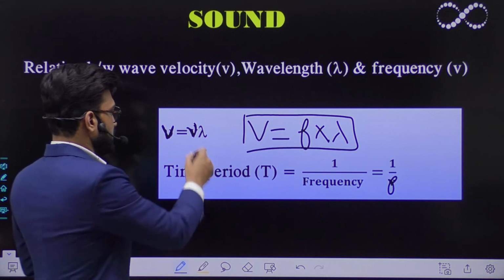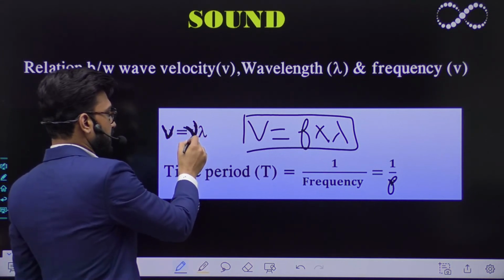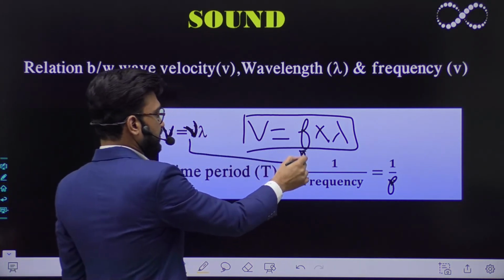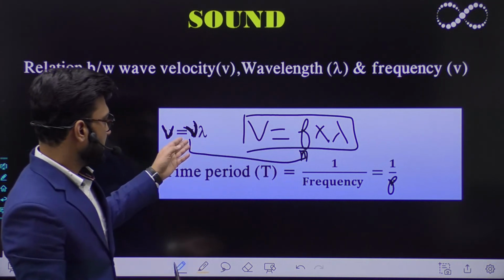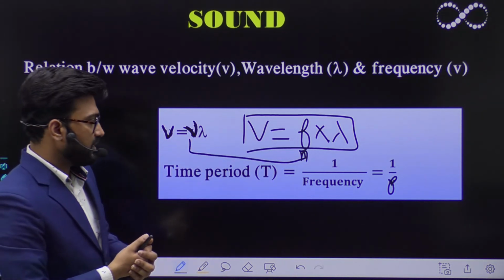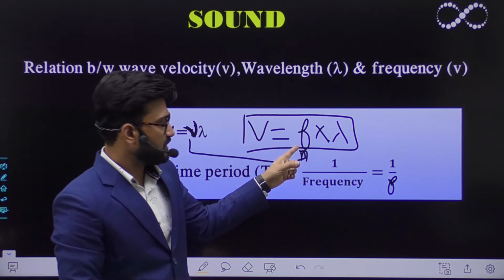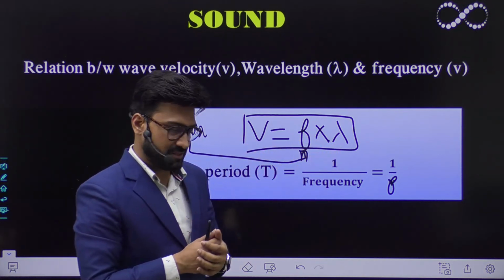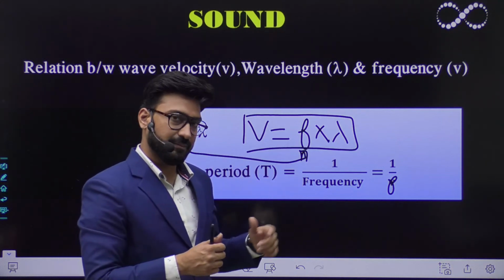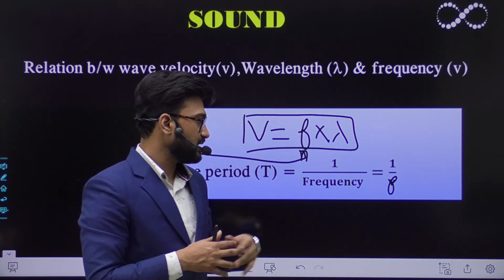This symbol is called nu, or it can also be written as f. Wave speed is in meters per second, frequency is in hertz, wavelength is in meters, and the time period of the wave or oscillation is in seconds.